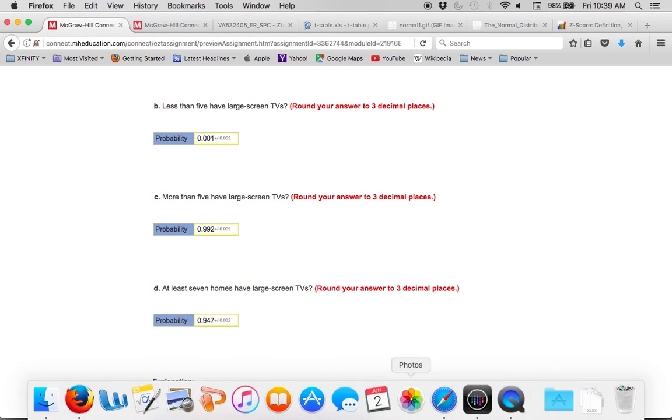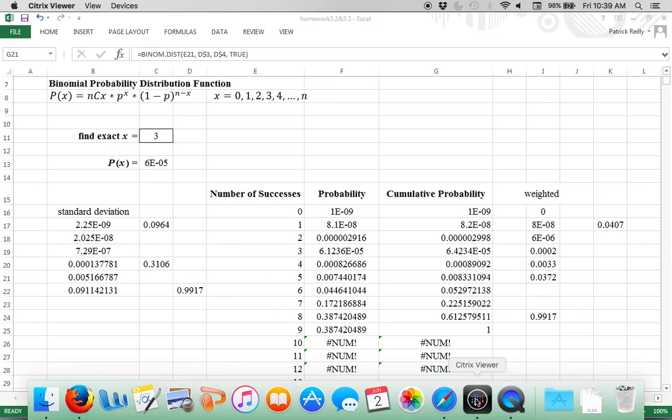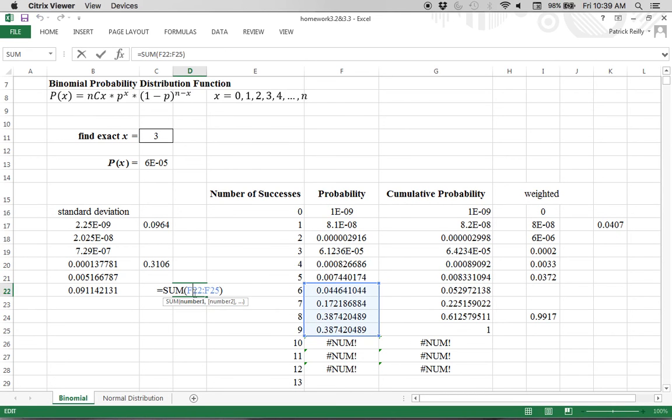At least 7, so that means 7, 8, or 9, right? So again, we could make this 7, 8, or 9, make this F23, and we get 0.947.